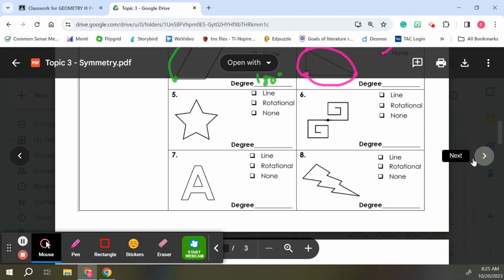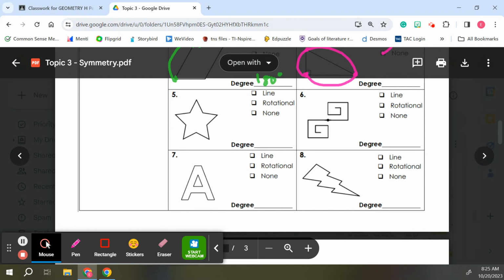You can do it. Yeah. This one. 360 divided by 5. This one's rotational. This is rotational by 180. Yeah, I think, you're actually right. Is it not?